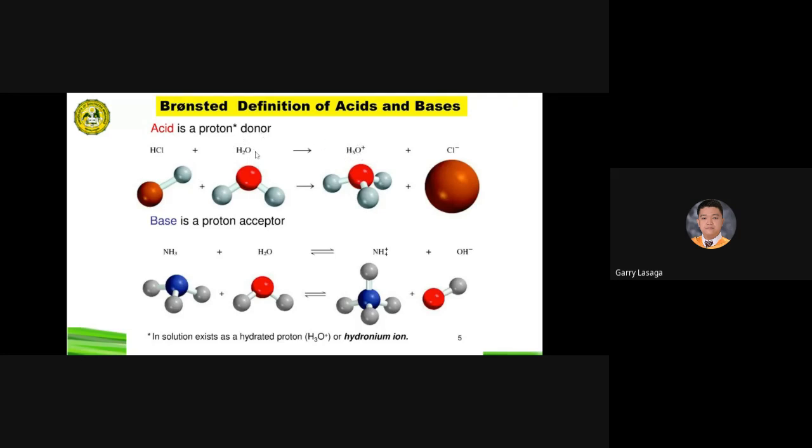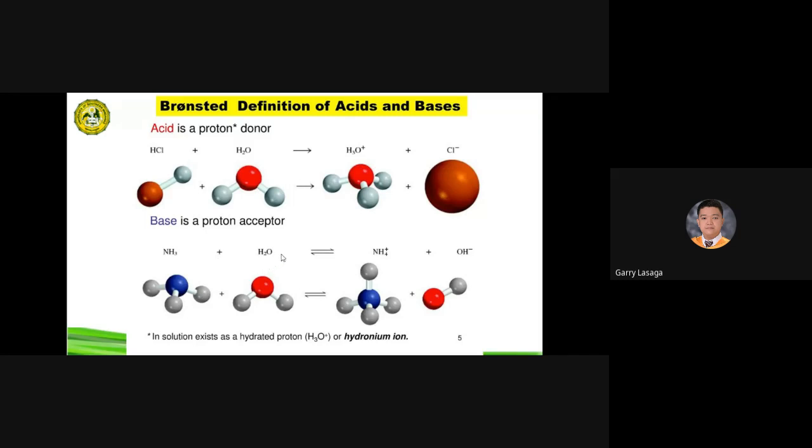So for example, for water, para mag-form siya ng conjugate acid, mag-a-add ka lang ng hydrogen ion sa ating water. So when we are going to add hydrogen ion sa water, it will form hydronium ion.